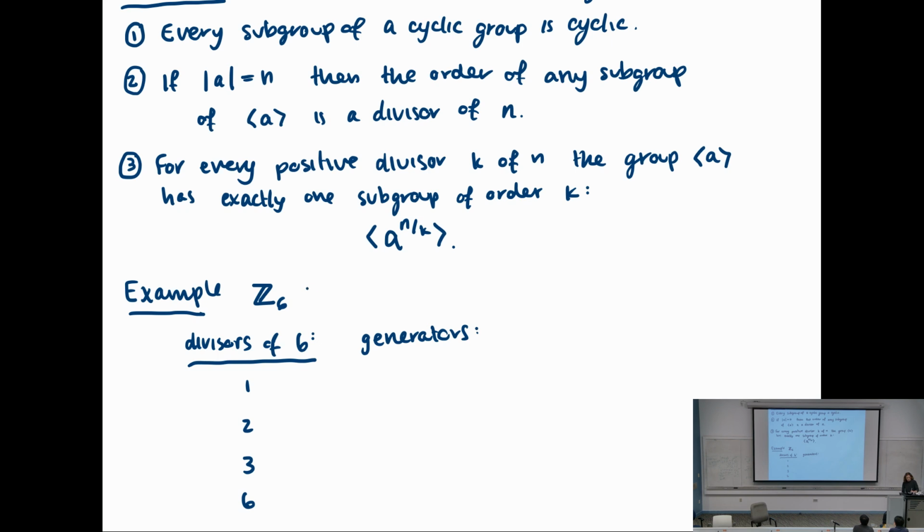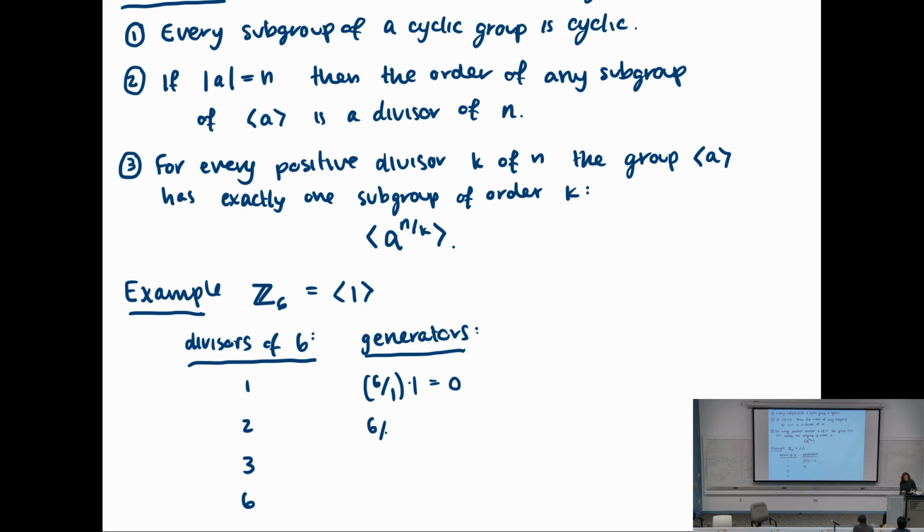So we know that the whole group Z6 is generated by the element 1. So to find the generator of each subgroup, in this case we're looking at an additive group, so we're going to multiply by 6 divided by the divisor. So we'll get 6 divided by 1 times 1, so this will be 6, which in this case is equal to 0, so I'll just write this as 0.